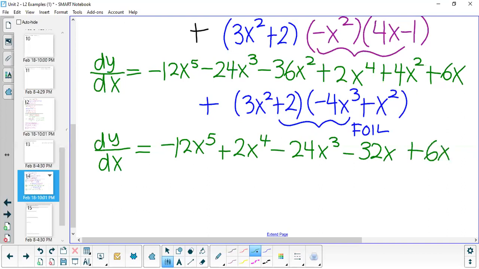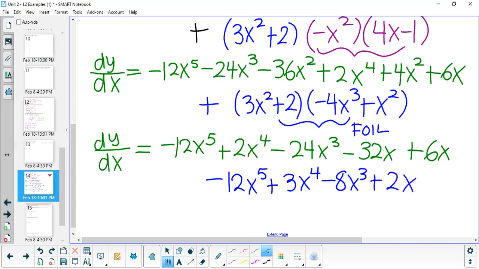Did I miss something up there? Oh, wait, sorry, give me a second, please. And in blue, I have negative 12x to the power of 5 plus 3x to the power of 4 minus 8x cubed plus 2x squared. So I think this 32x is also from the expansion of here, but I'm trying to write like terms as much as possible. I probably should have written all of that in one color.